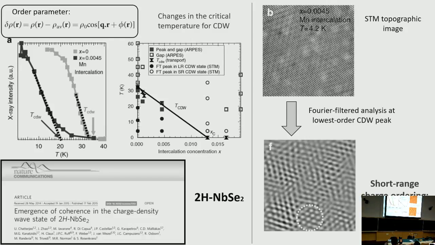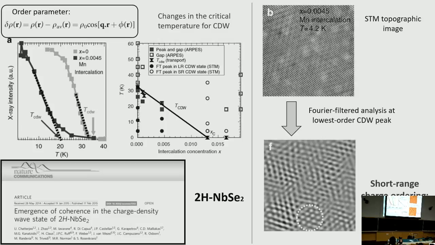Okay, why are we interested in this kind of system? We are interested because recently, in high impact factor journals like Nature, it was shown that in these transition metal chalcogenides, the inclusion of disorder, basically by addition of manganese in the material, can suppress the charge density wave.